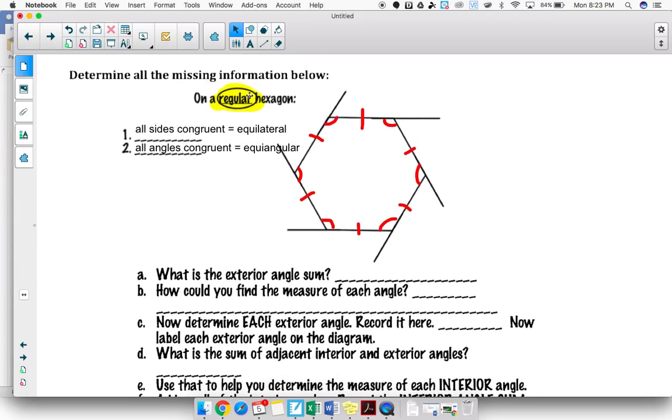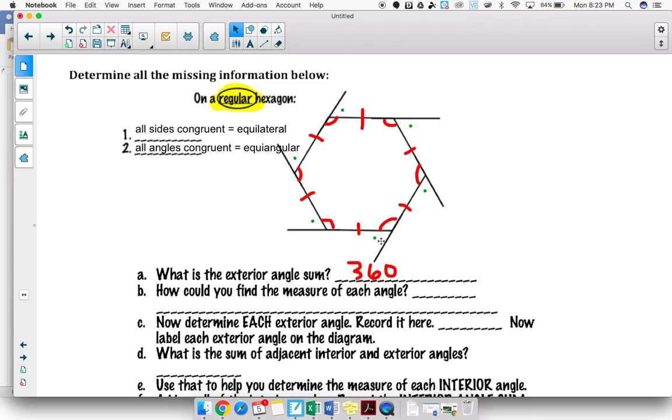Okay. So here's what I want you to look at. On this particular polygon, we're going to be focusing on the number of sides. But the first question is not related to the number of sides at all. The exterior sum is always going to be 360. But if you notice, we have 1, 2, 3, 4, 5, 6 exterior angles.